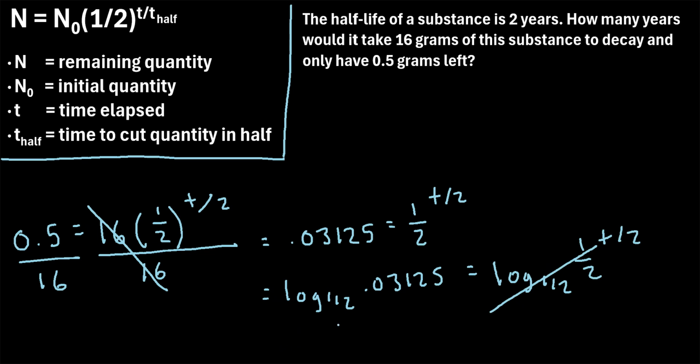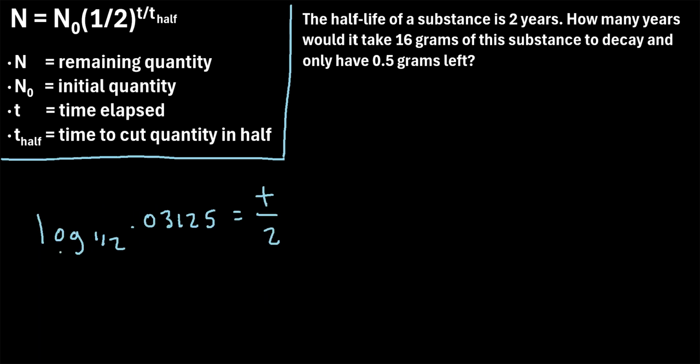So we're left with log base 1/2 of 0.03125 is equal to T divided by 2. So to solve for T, we just need to multiply both sides by 2. So we'll be left with 2 times the log base 1/2 of 0.03125 is equal to T.